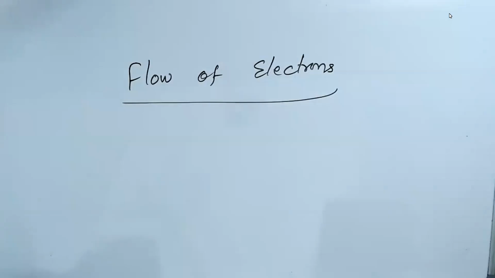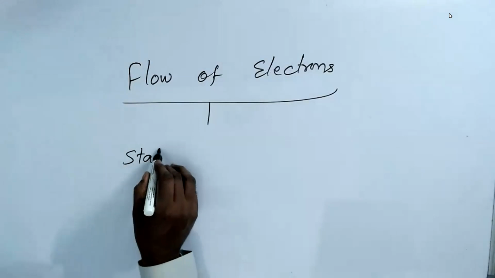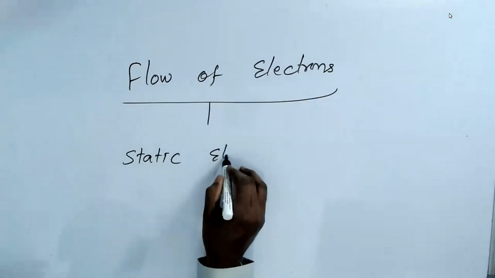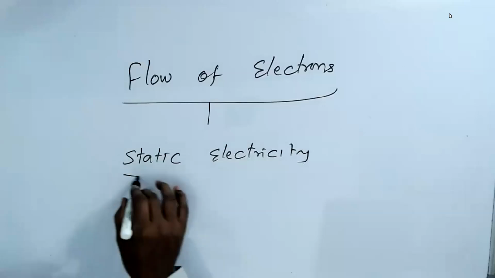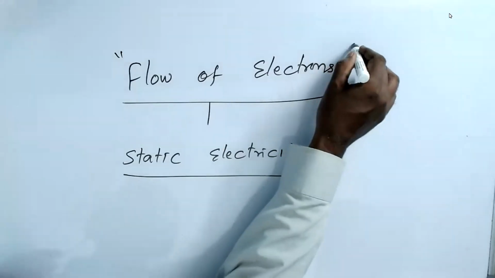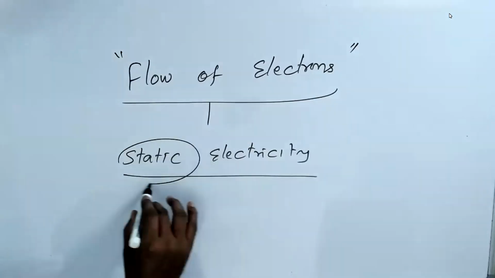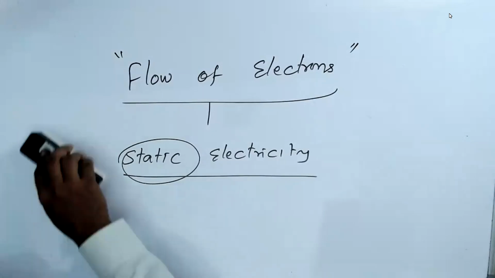But if I ask the next question, what is static electricity? Then we have a problem. Because if you say electricity is flow of electrons, then we have a confusion about what is static electricity. So actually, it's not the flow of electrons.